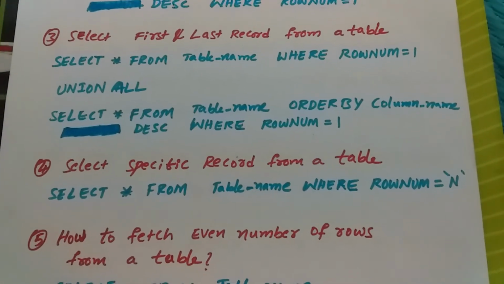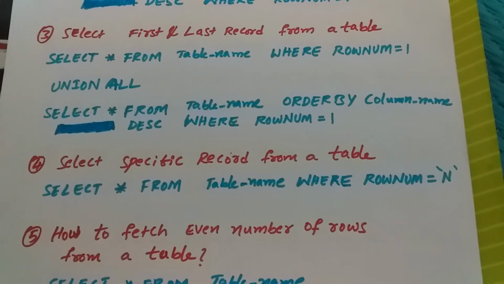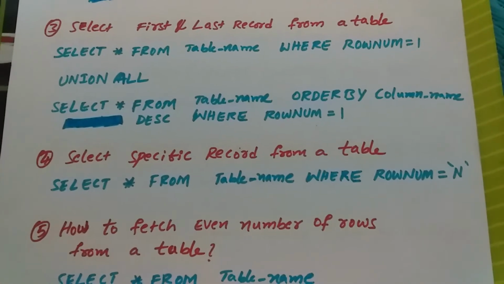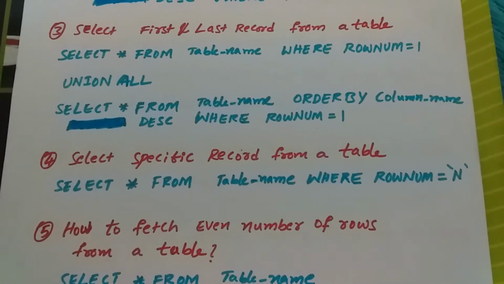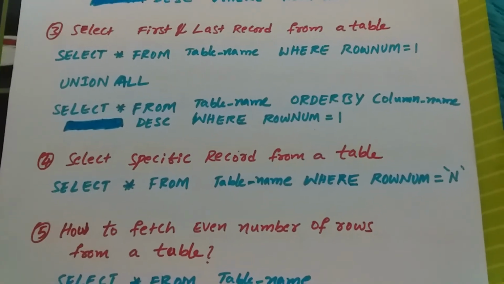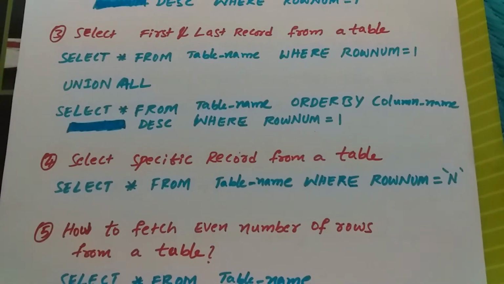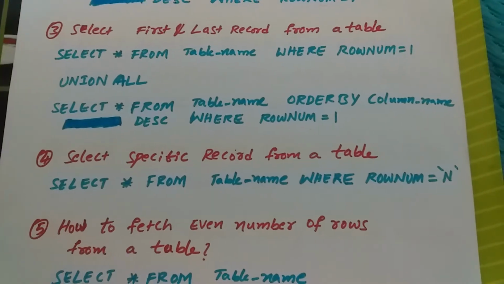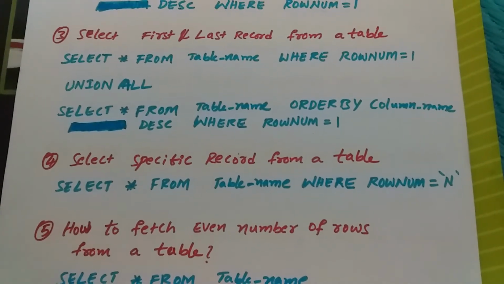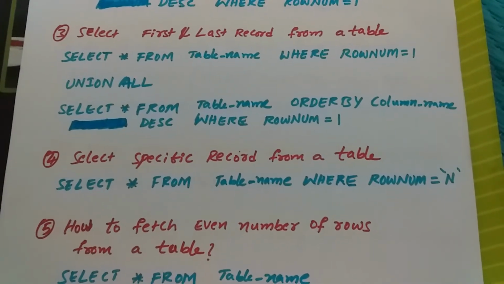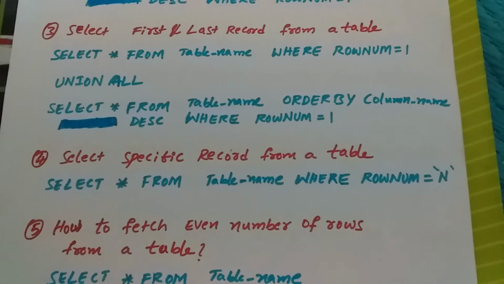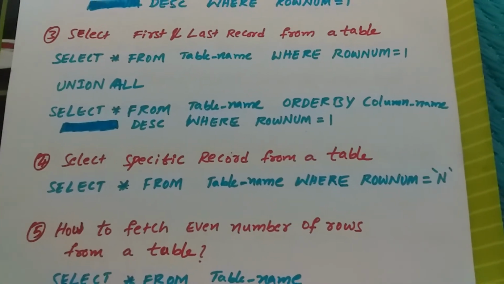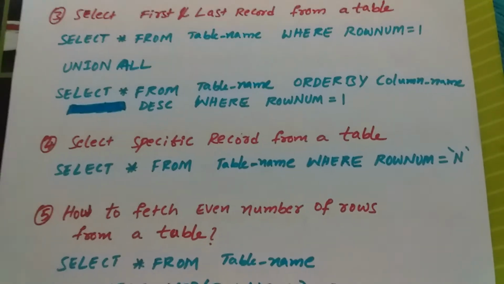Suppose you want to select the 10th record, you can specify rownum equal to 10. Or if you want to retrieve the fifth record, then rownum equal to 5, like that you can mention. So with this query you can get a specific record from a table.